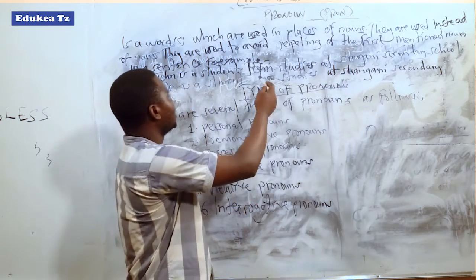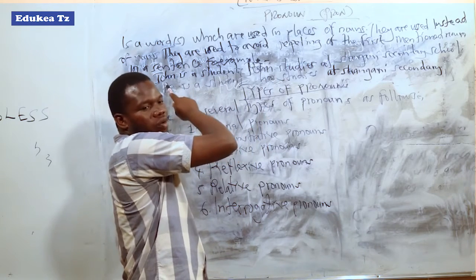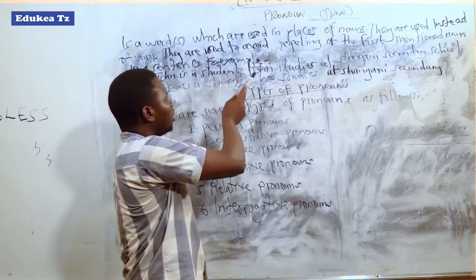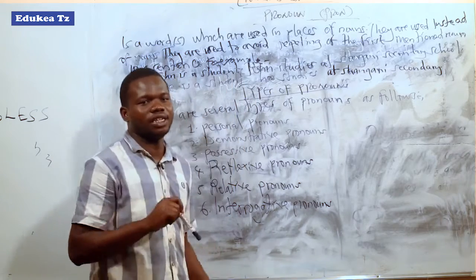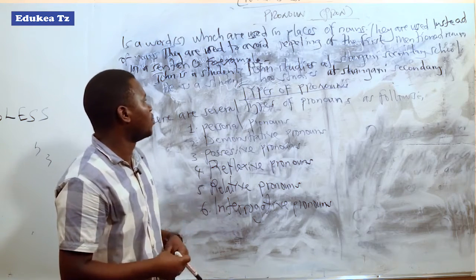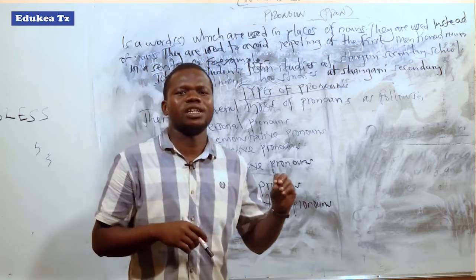So we have used he so as to avoid the first mentioned noun, since we can't repeat the same noun in one sentence or text. So we have to use pronouns. We also use pronouns to hide the mentioned name.